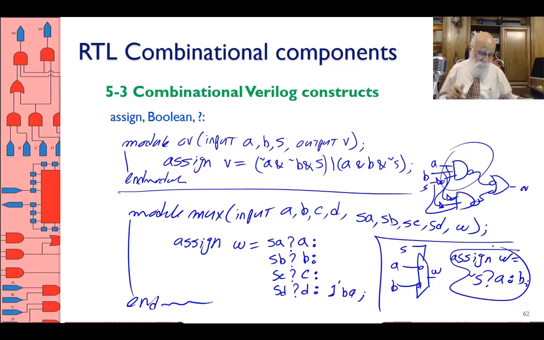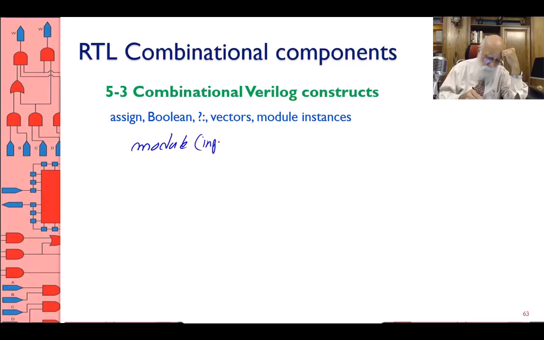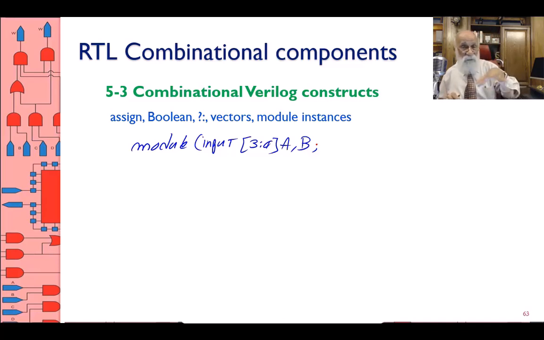Assign Boolean and so on. Let me do vectors. So far, what I've shown you in modules is scalar, single bit. I can do module, input [3:0] A and [3:0] B. I haven't decided what I want to build yet, but let's continue.